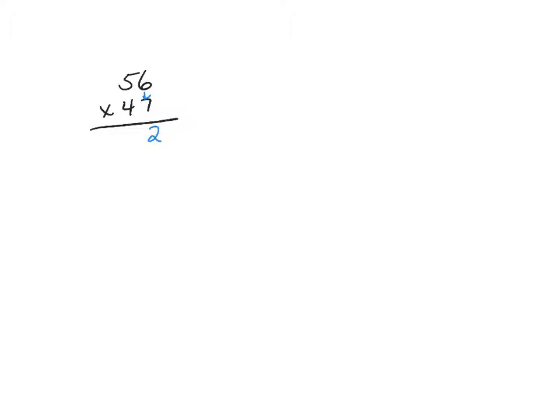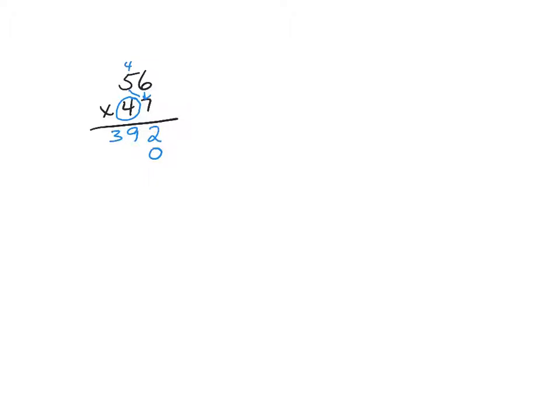Put down my 2, regroup my 4. 5 times 7 is 35, plus 4 gives me 39. So 56 times 7 is equal to 392. Now I need to multiply that 56 times the 4. But remember, that 4 is really 40 because that 4 is in the tens place. Whenever I multiply something by 10, I know I'm going to have a 0 at the end. So I start off by putting my 0 there.